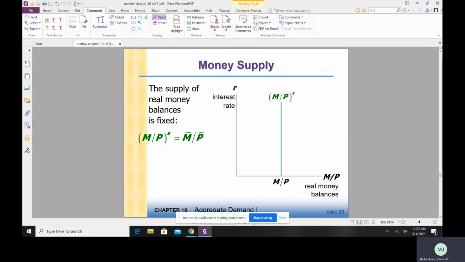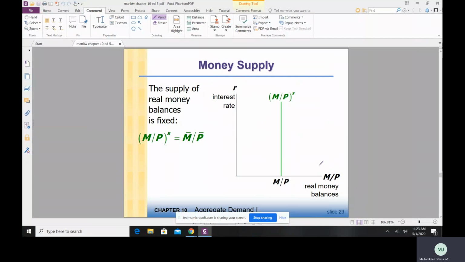So let's suppose the money supply in the economy is $200 billion. So that is your nominal money supply. When you divide it by P, that gives you the real money supply. Okay, so M divided by P is actually the goods and services that you can buy with that nominal money.